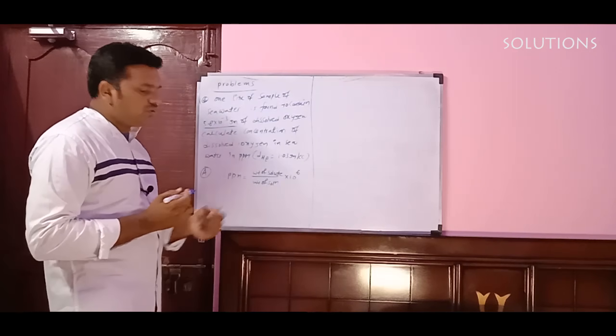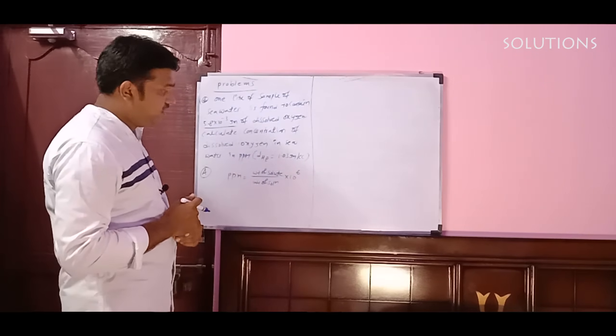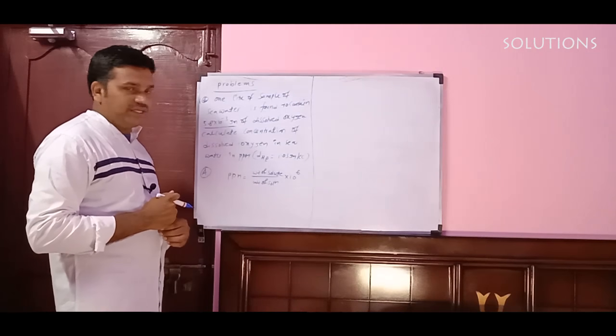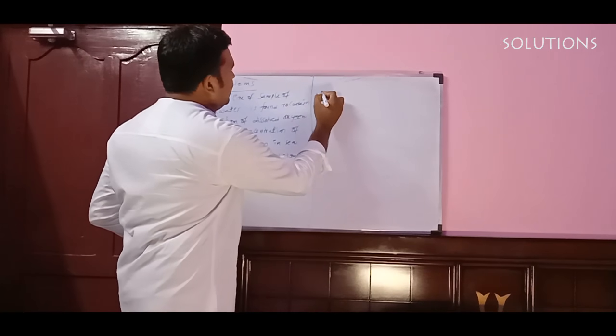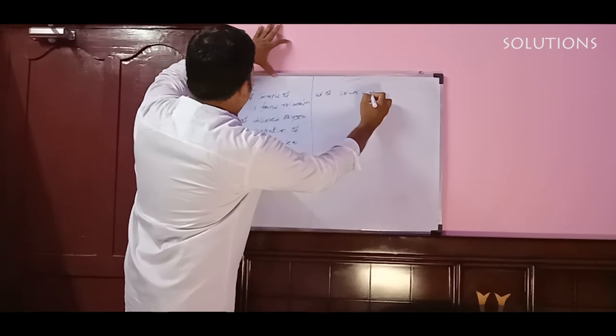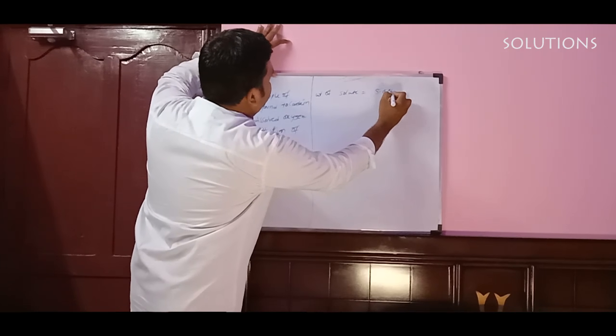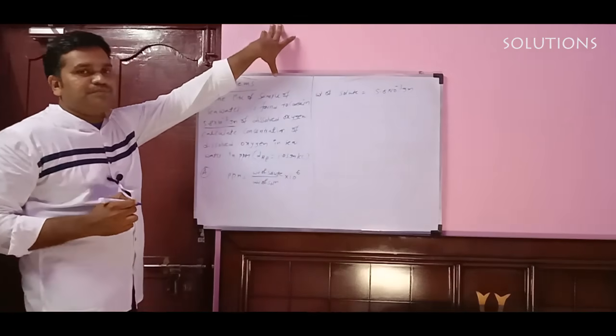But how can you find out the weight of the solution? Weight of the solution you are finding by using density only. I will write here, weight of solute is equal to 5.8 into 10 power minus 3 grams, which is given.